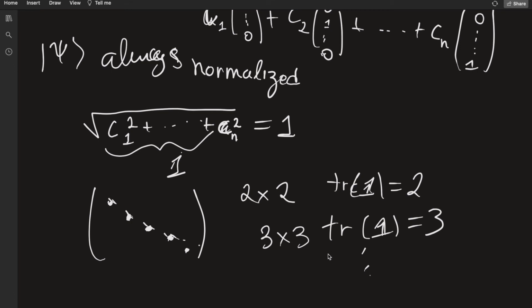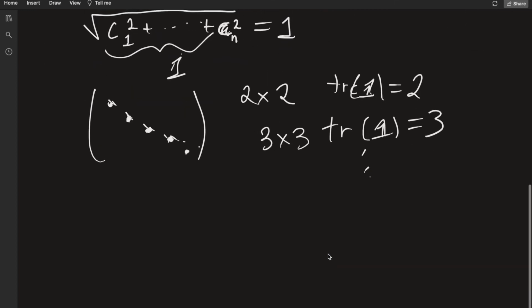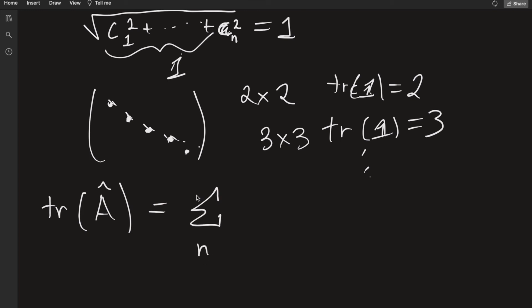So we put this together. What can we do with this? We can actually represent the trace of any, let's call this arbitrary operator, as basically being this. Okay, and we can see why.